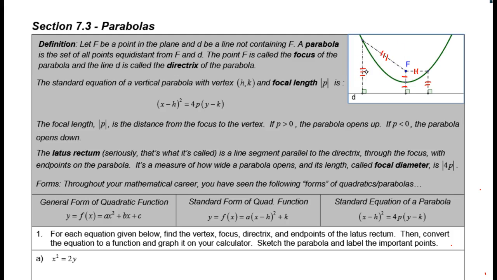So if you recall, we did a paper folding activity in class that after making some folds in the paper, we had a shape that resembled a parabola. And why is that true? What we actually did in that activity was we made a fold like that.